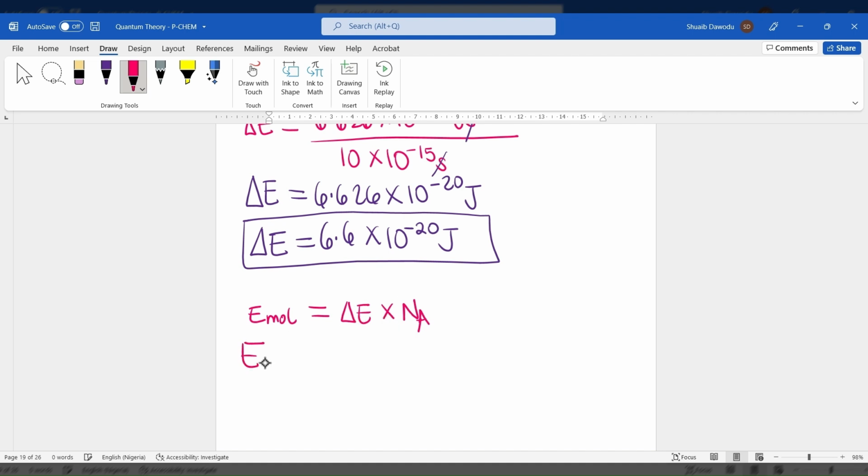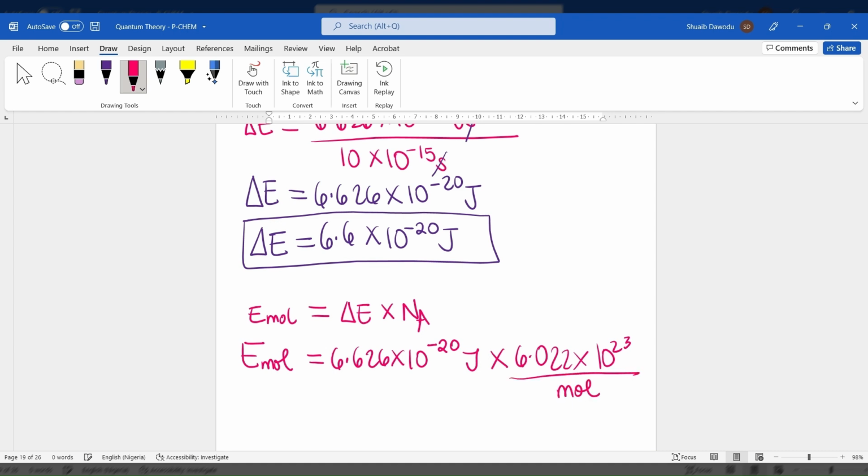So we're just going to have energy per mole is equal to the raw value of this, which is 6.626 times 10 raised to the power of negative 20 joules, times Avogadro's number, 6.022 times 10 raised to the power of 23 per mole.